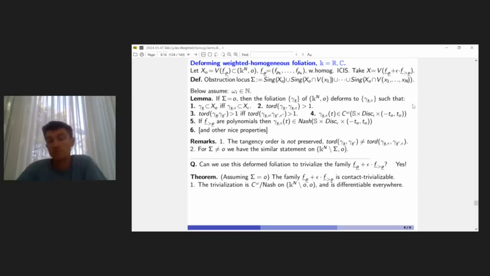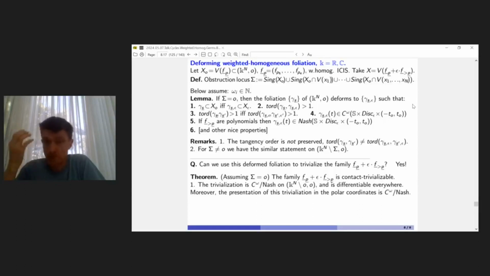This seems to be the new result, because until now nobody could get differentiability, it seems. And even more, if we present this contact trivialization in the polar coordinates, then it is real analytic also at the origin, or Nash at the origin, which is much stronger.